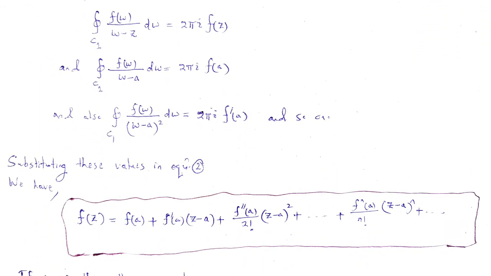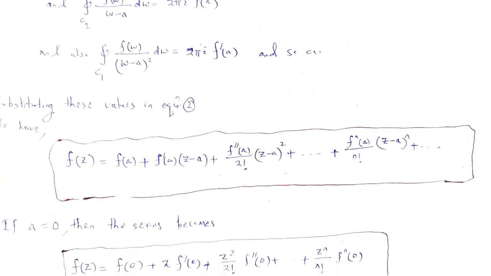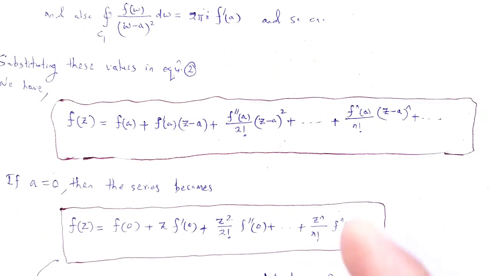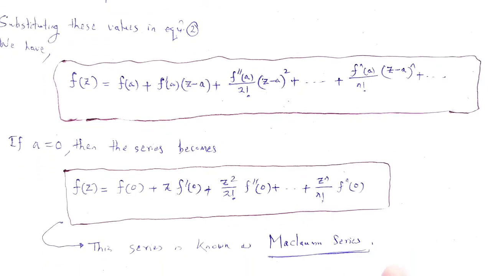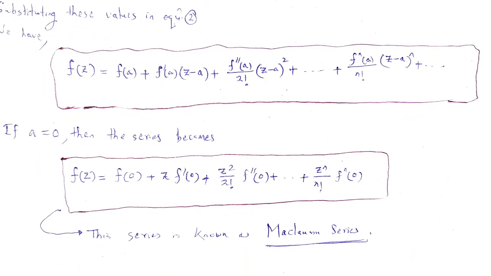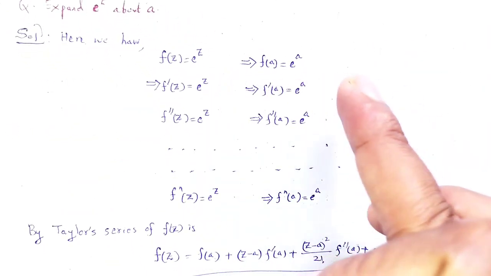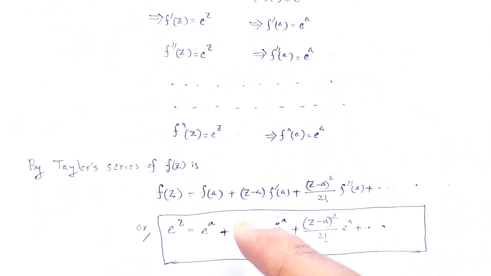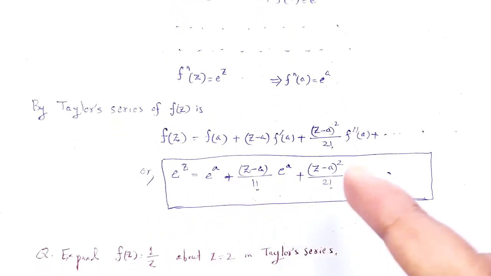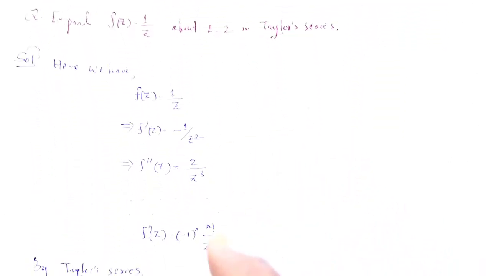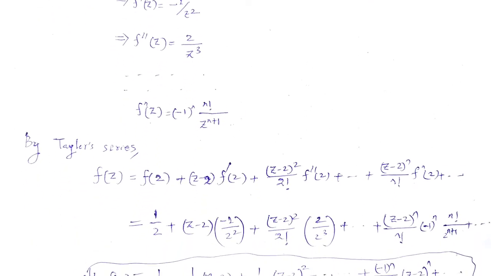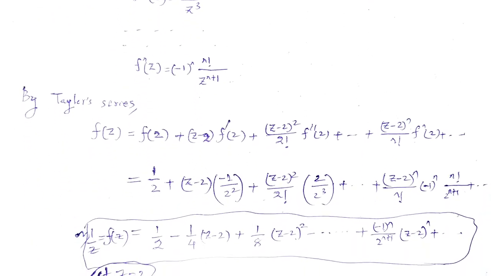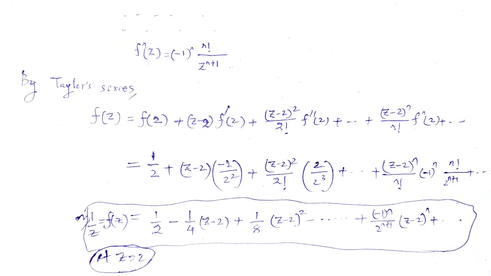If we evaluate the Taylor series at origin, that becomes a new type of series which is known as the Maclaurin series. Questions related to Taylor series, we expand the given function by using Taylor series. So, with these useful and informative notes, let me wind up this session. Thank you.